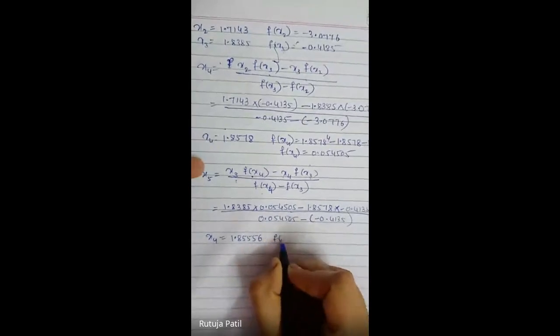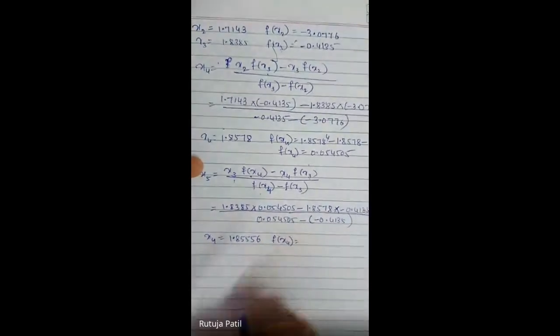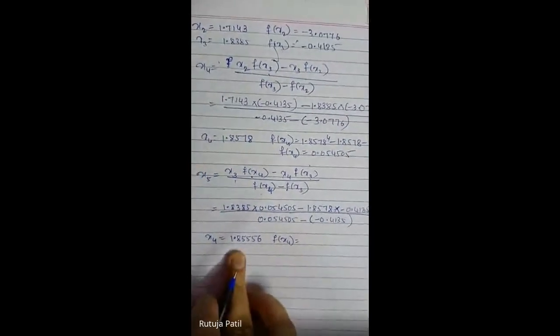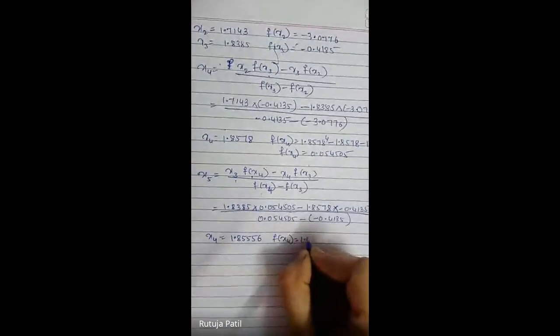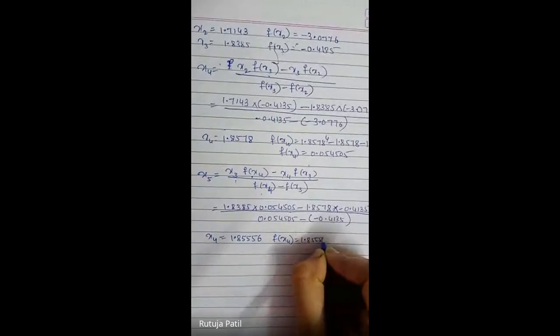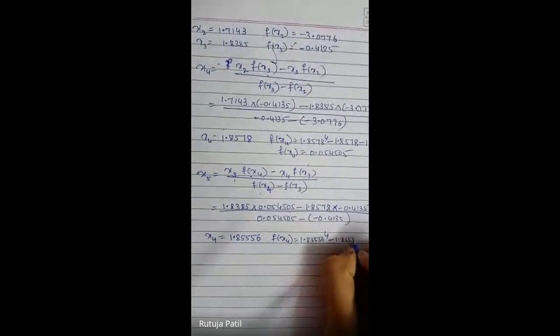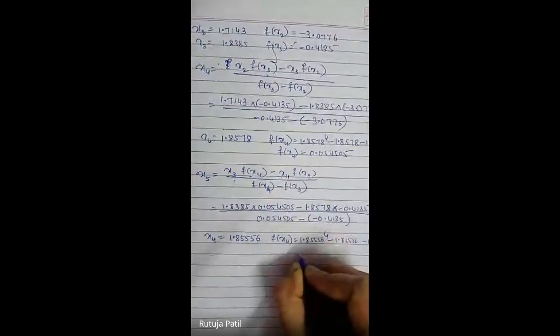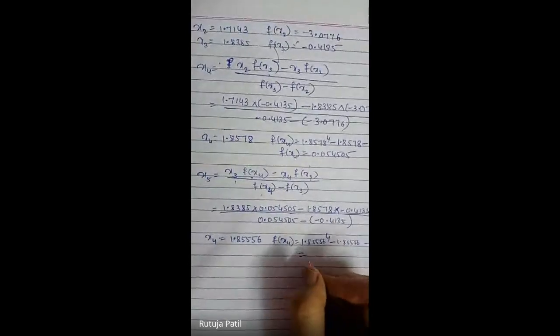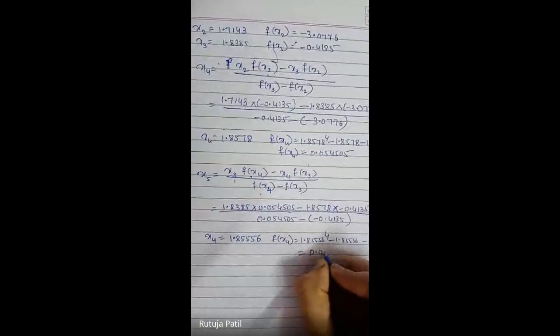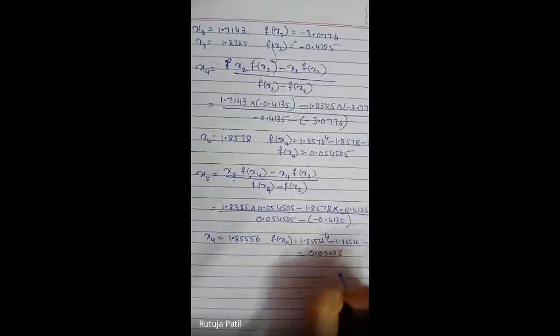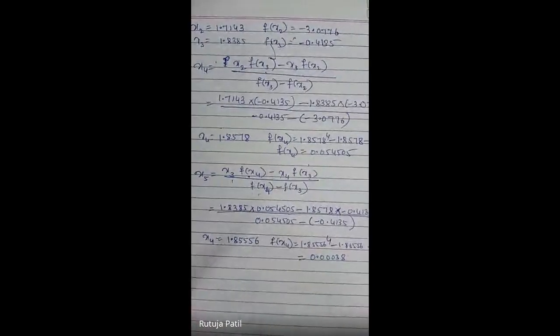Find f of x5. F of x5, that is 1.85556 to the power 4 minus 1.85556 minus 10. So if you do, we will get 0.00038. Now let's check here.